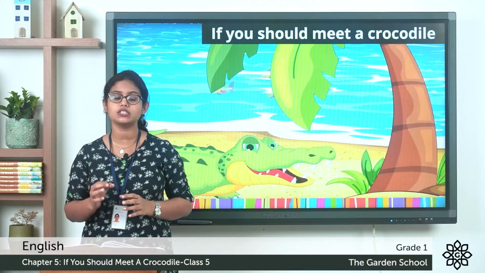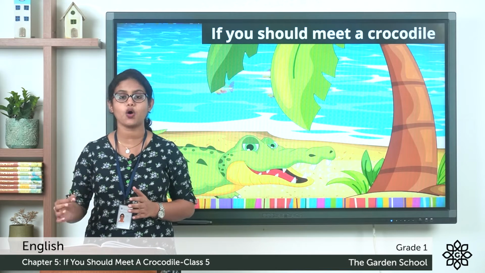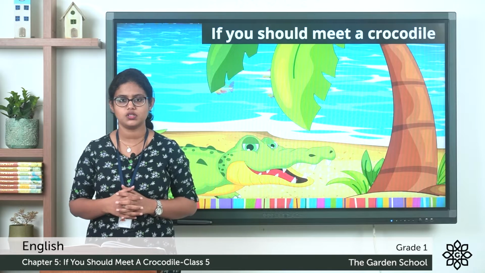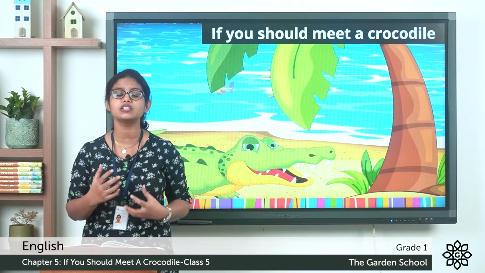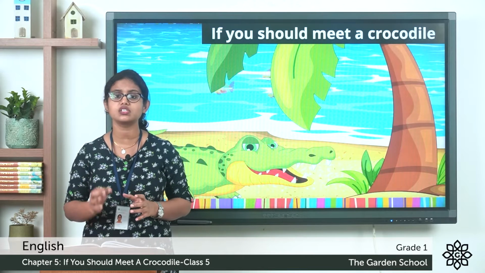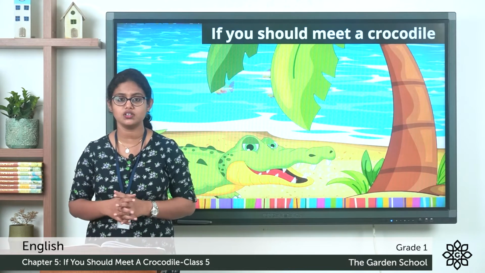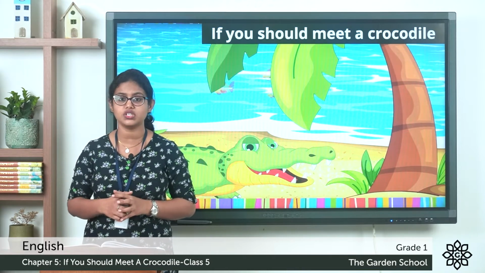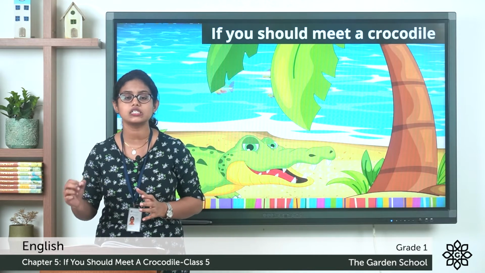So let's start with the first 2 lines. If you should meet a crocodile, don't take a stick and poke him. What do these 2 lines say? If you get a chance to meet a crocodile, you should not poke him. On this page, you can see the picture of a little boy sitting on top of the tree, and he is trying to poke the crocodile with a stick.